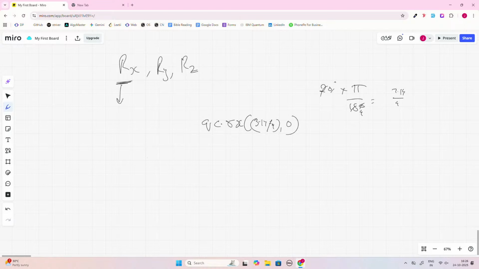Whenever I use these Rx, Ry, and Rz gates, there won't be any static angle. Instead, we are the people responsible for providing the angle by which I want to rotate my state. If I want to rotate with respect to the x-axis for 20 degrees, I will use this one.